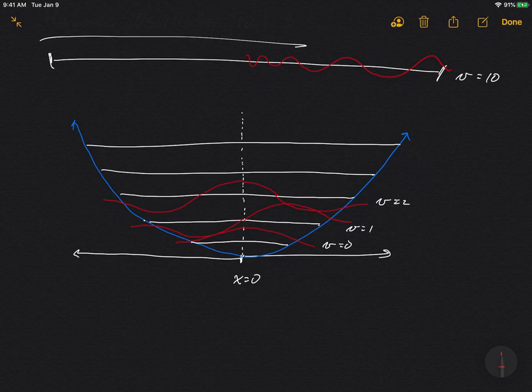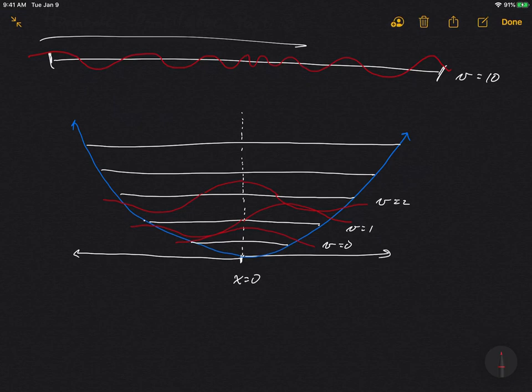And I might not get the right number of nodes here. Let's see, I'm fairly close though. 1, 2, 3, 4, 5, 6. Yeah, so I've got an extra node in there, but roughly, this would be like maybe v equals 12. And again, just roughly showing what that wave function would look like. There's going to be more nodes in the middle and less probability density.